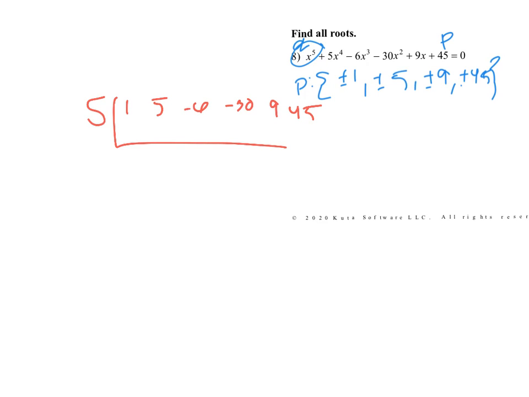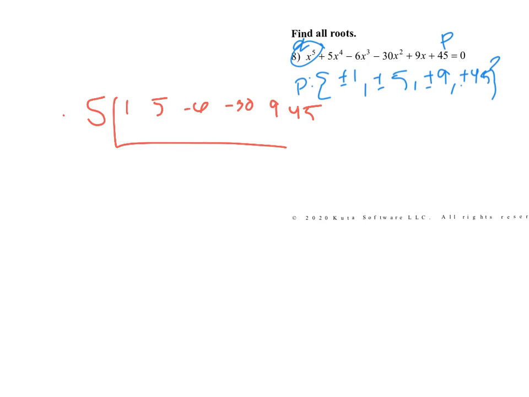Bring down the 1, you get a 5, you get a 10, you get a 50, you get a 44. 5 times 44 is 220. And then you add that to negative 30, you get 190. Take that times 5, I get 950. There's no way I'm going to get 45 right here. Okay? So 5 doesn't work.